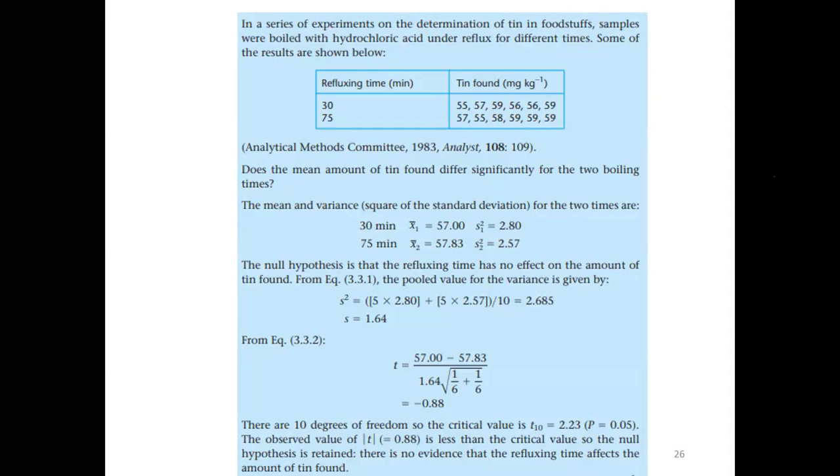But if it has not been stated, normally we do 95%. That's the normal thing, the most widely used confidence level. But if you have to calculate the 99% level also, it will be given in the question.